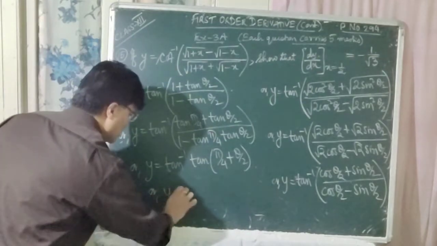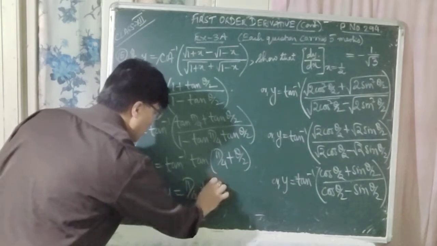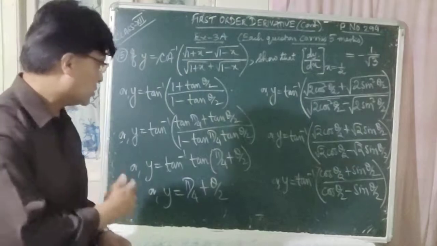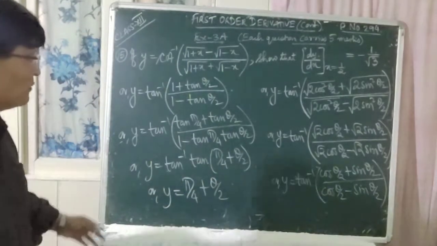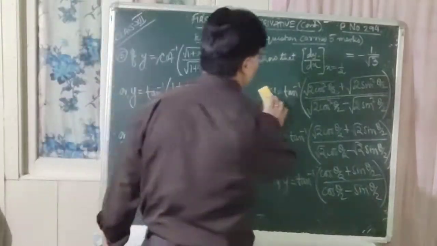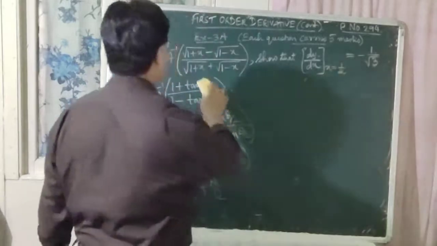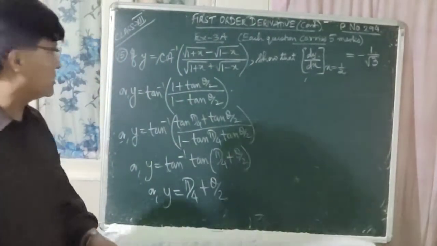Or y is equal to, what is tan inverse tan of pi by 4 plus theta by 2? That is only the angle, pi by 4 plus theta by 2. So that is the simplified value of y. Now you put the value for theta. Actually, what was theta here? We had assumed x is equal to cos theta, isn't it?